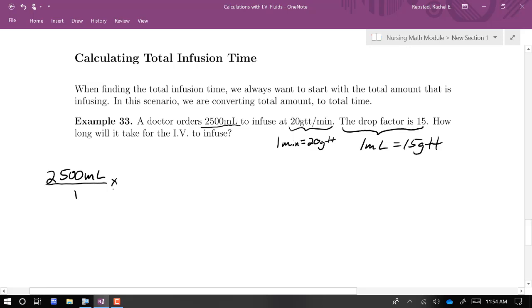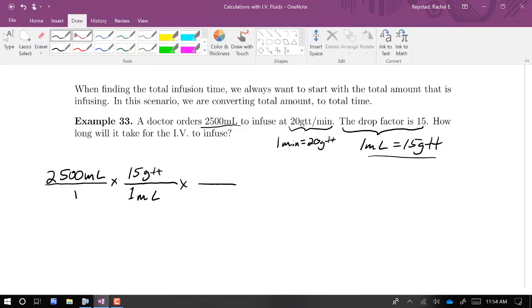Now I've got milliliters here, and there's only one opportunity for me to cancel out milliliters. It's this drop factor. So I've got to put the milliliters on the bottom, equal to 15 drops.